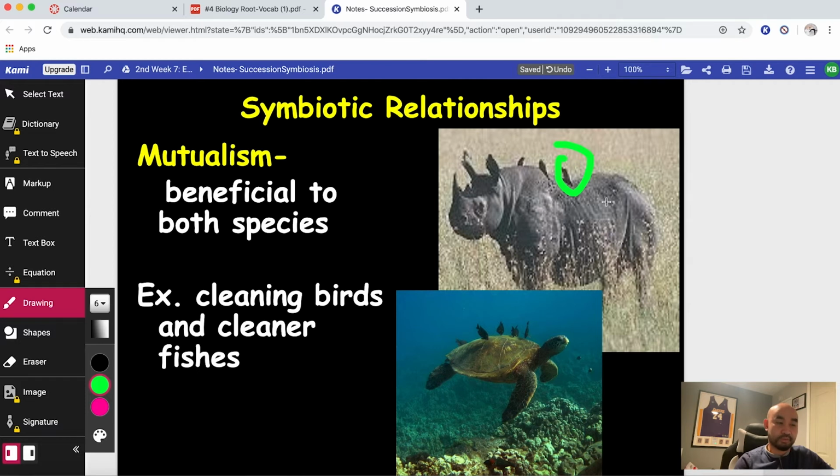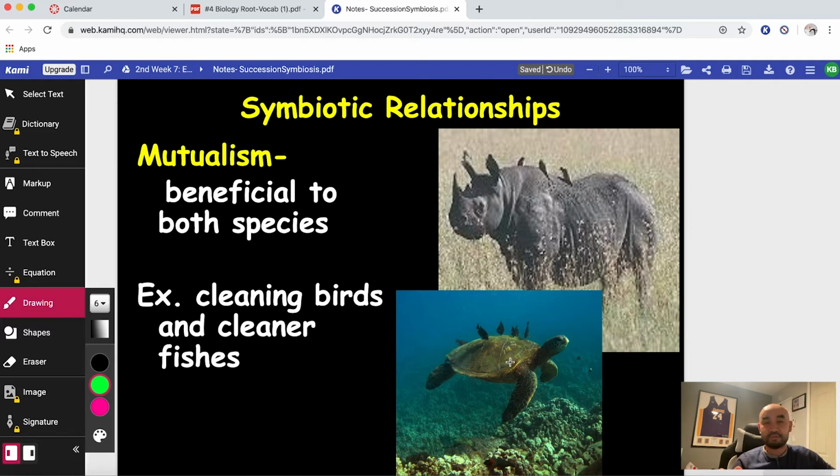The bird will feed on the fleas or the insects on the rhino, and the rhino benefits because it will be clean, right? And you've seen this before, Nemo, right? Fish on the turtle shell. So how do they benefit each other? Well, fish have algae to eat, turtles stay clean, right?